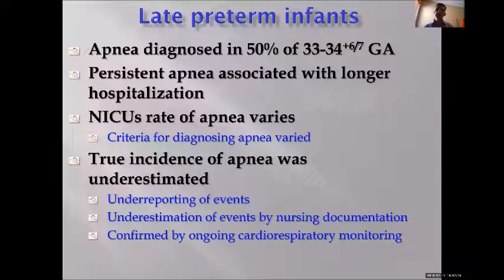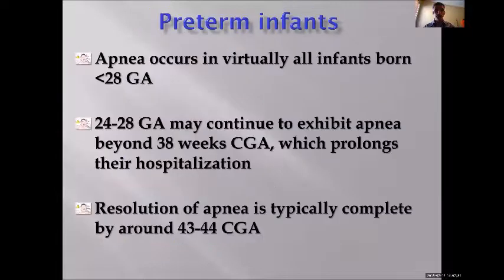And this has been confirmed with ongoing cardiorespiratory monitoring. If you go back over the last 24 hours and look at the cardiorespiratory monitor, you find lots of apneic events or periodic breathing, but they were not reported by the nurse. Therefore, most NICUs depend on nursing reporting in an apnea sheet, and the incidence is usually underestimated.